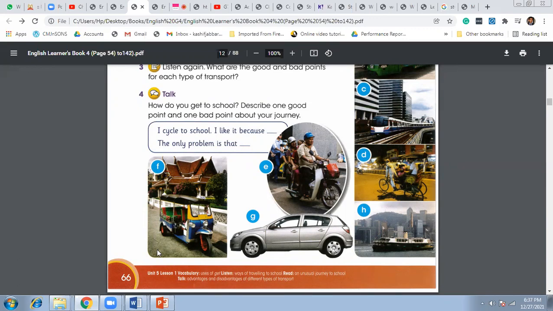It is quite fast because it's small in size, so during a traffic jam it can find its own way because of the size. So she was talking about the tuk-tuk, which we can see in picture F. Now let's see the next one.